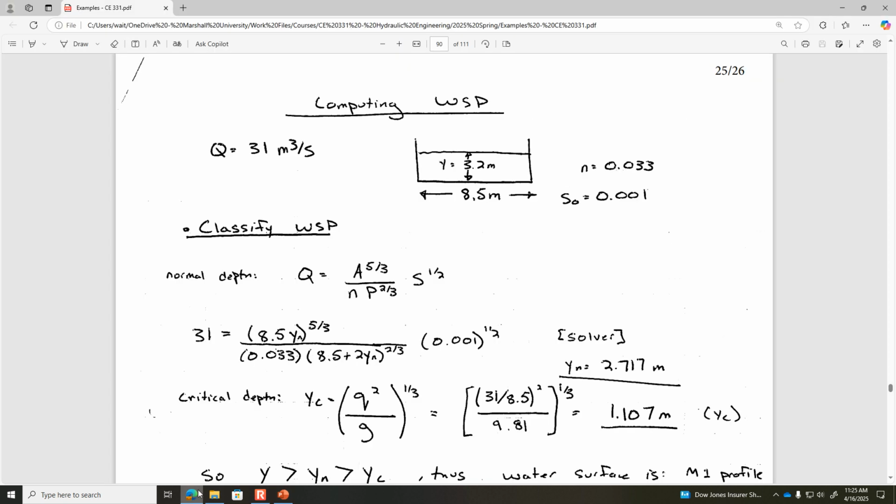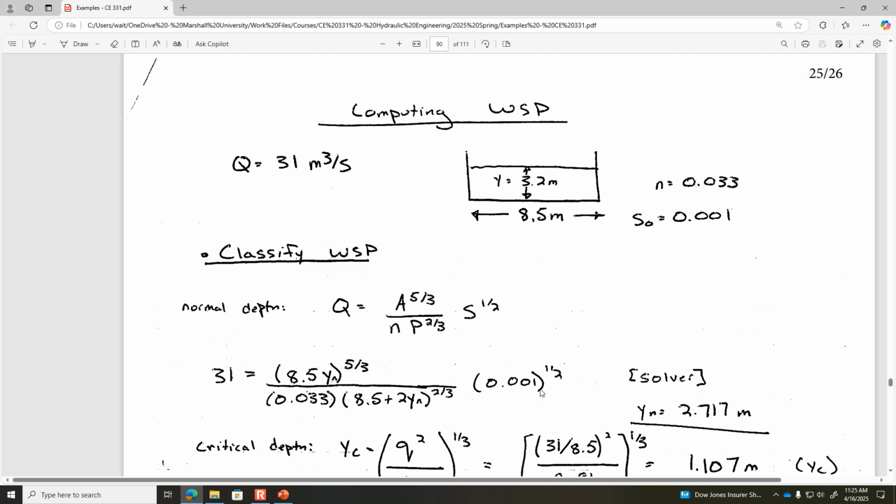Okay, so Manning's equation will give us the normal depth. And if we substitute in Manning's equation, the flow rate's 31. It's a rectangular channel, so area is 8.5, which is the bottom width, multiplied by the normal depth. So that's A to the 5/3 power. Then we have slope to the 1/2 power, and then in the denominator, the n value of 0.033.